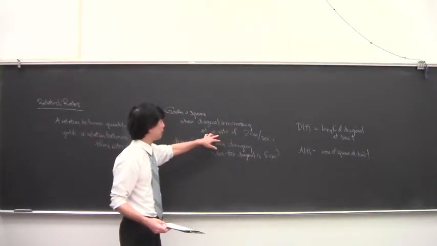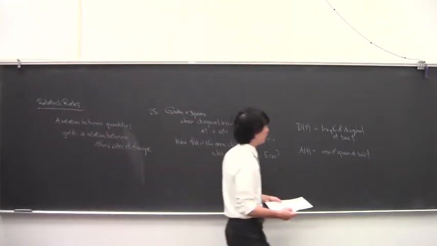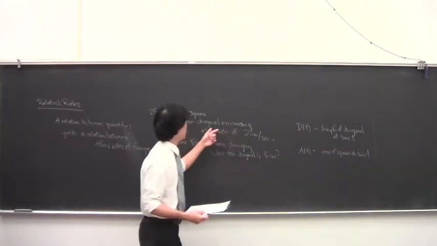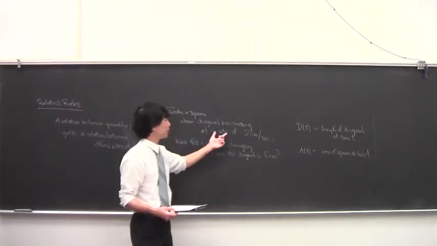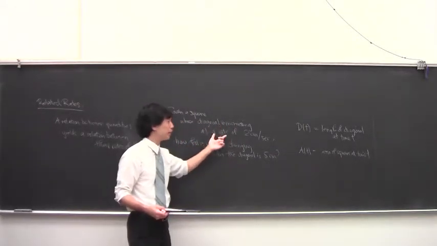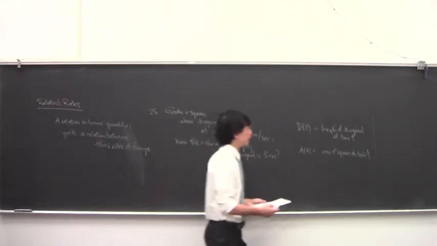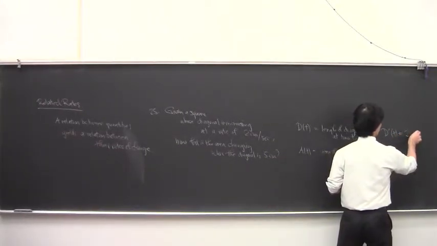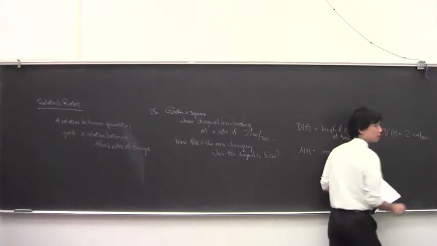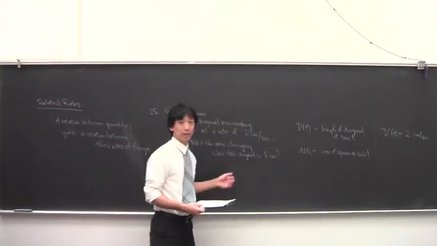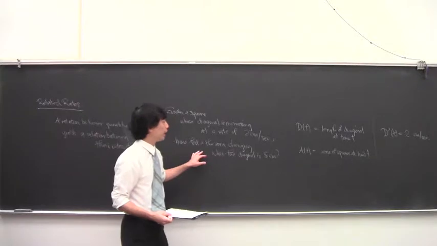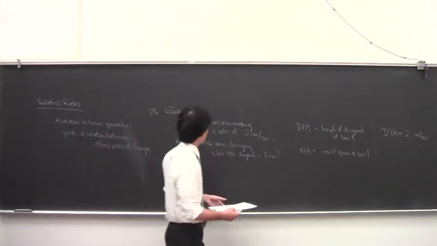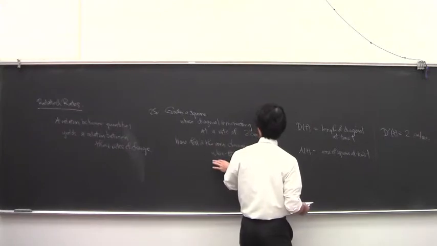Maybe you can restate what you've been given. What are you given? You're given that the diagonal is increasing at a rate of 2 centimeters per second. So the rate of change of the diagonal is 2 centimeters per second, the derivative of d is 2. And the question is how fast is the area changing?